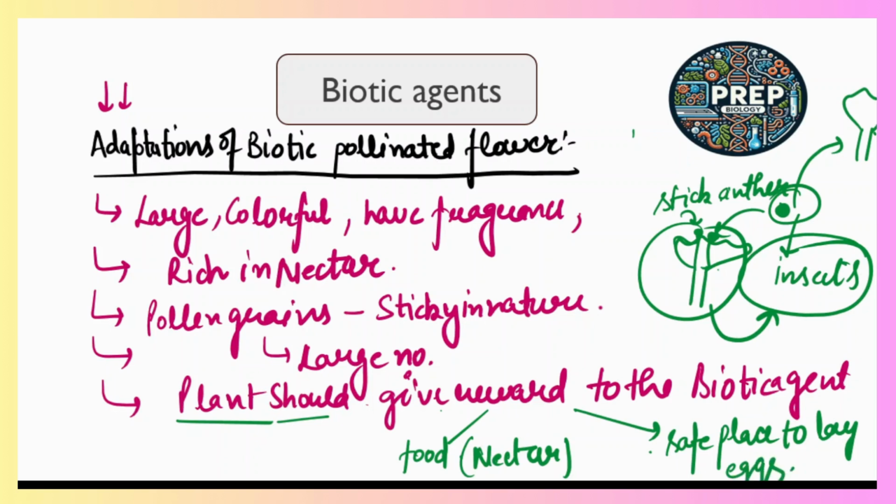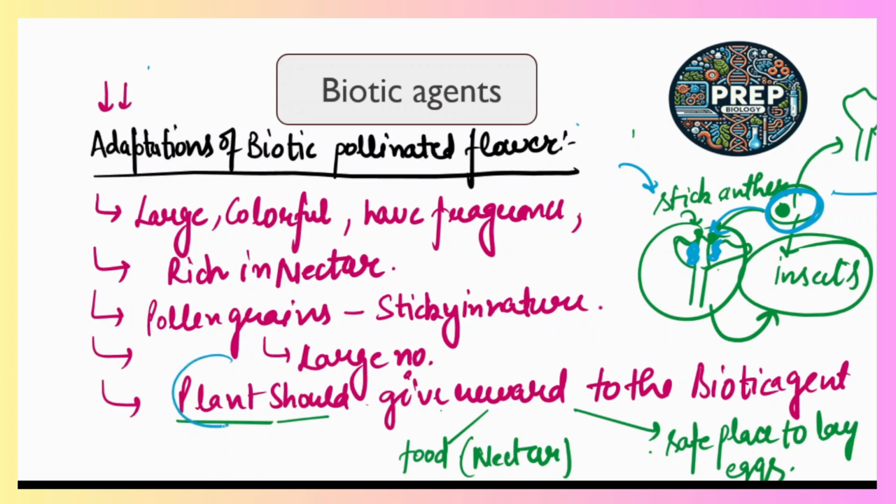What is the meaning of this statement? That if this bee or this insect lays its eggs on the surface of the flower, it will frequently come and visit this flower, and that is beneficial to the plant also, because whenever the insect comes, it will carry the pollens and the transfer of the pollen occurs from one flower to the next flower.